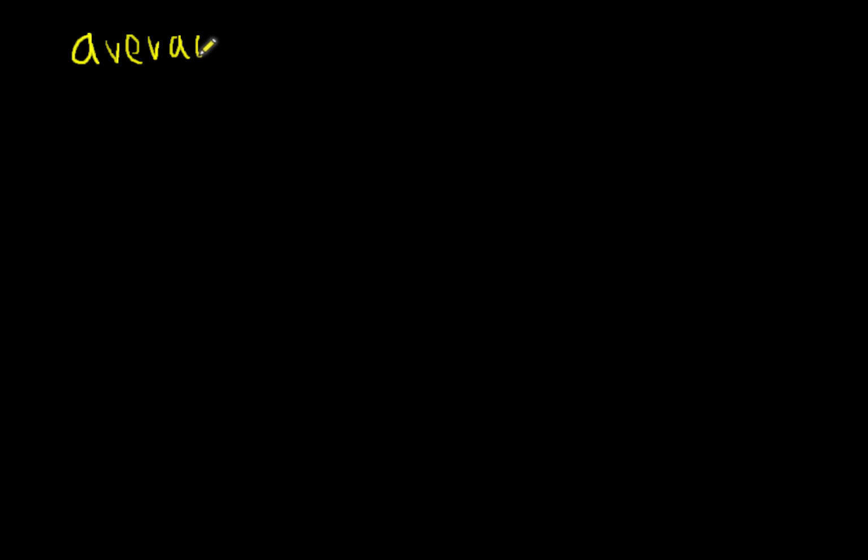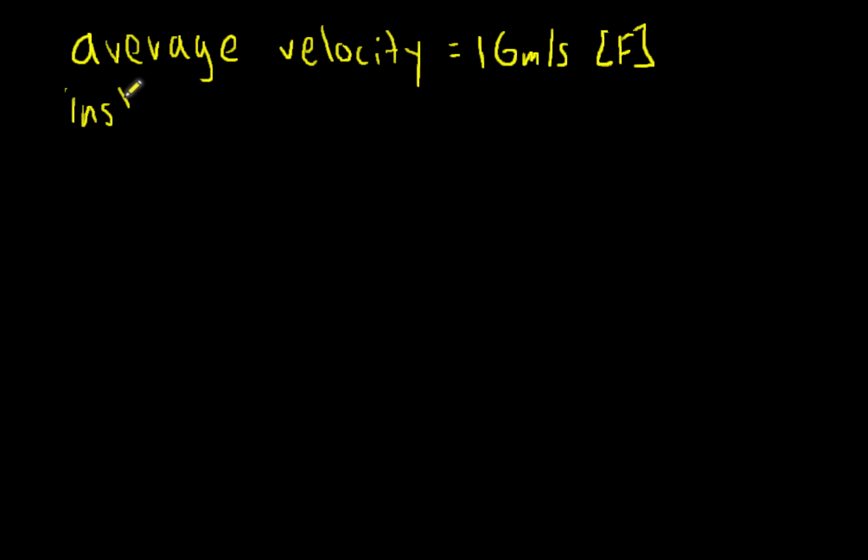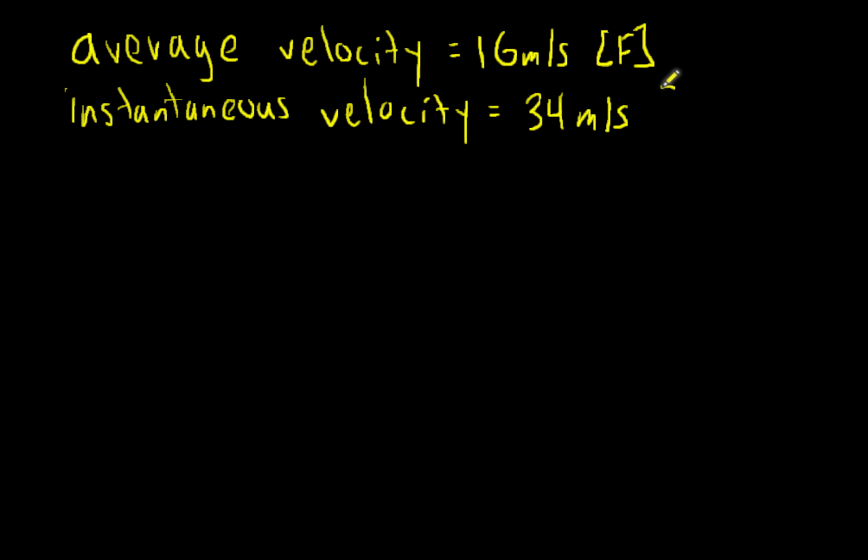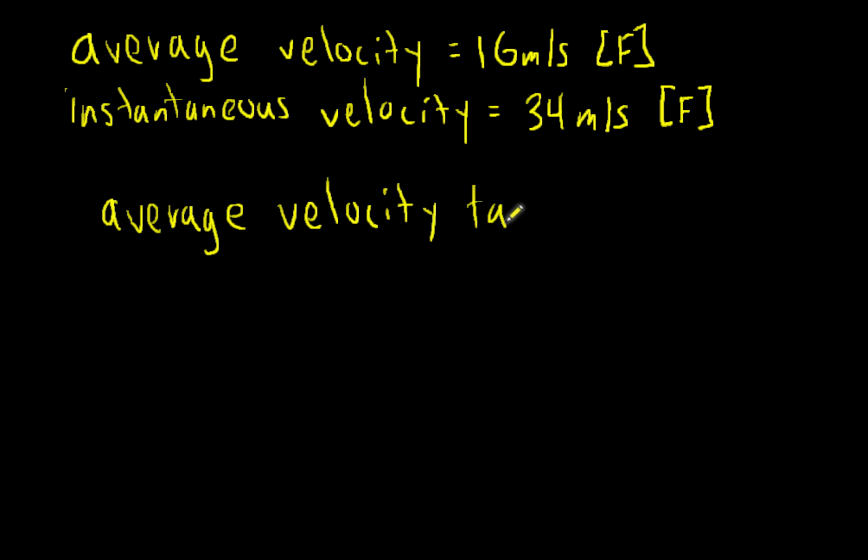So the average velocity up to 8 seconds was 16 meters per second forward. The instantaneous velocity is 34 meters per second forward. These are two really different numbers. This is because the average velocity takes into account all the slower times that came before it.